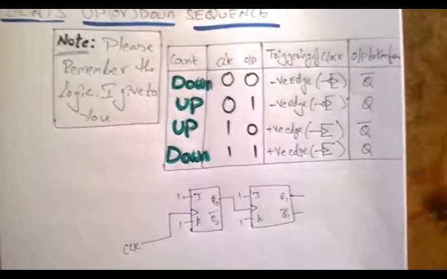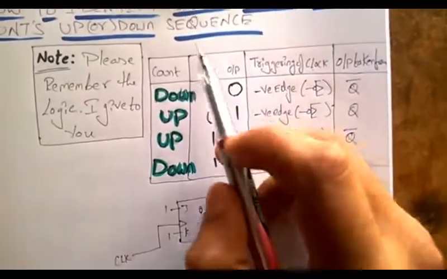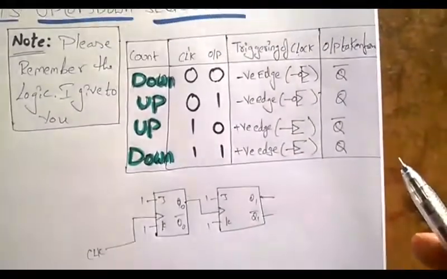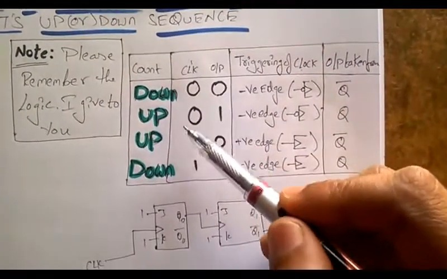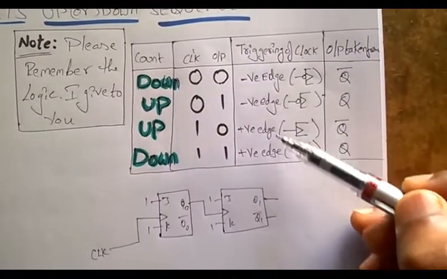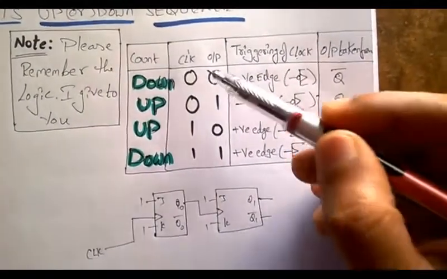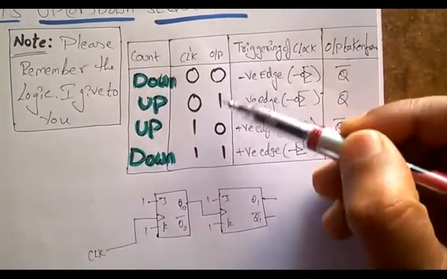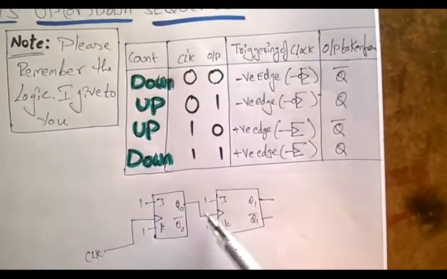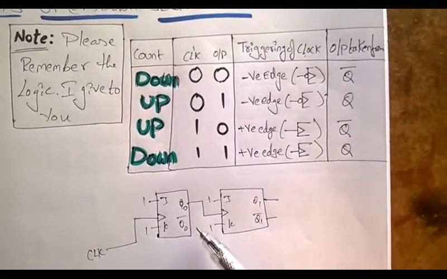Okay, now see, remember this logic: 0 0, 0 1, 1 0, 1 1. In the first column, consider this as the clock, whether the clock is given negative edge or positive edge, and consider the second column as where the output is taken, Q0 or Q0 bar.